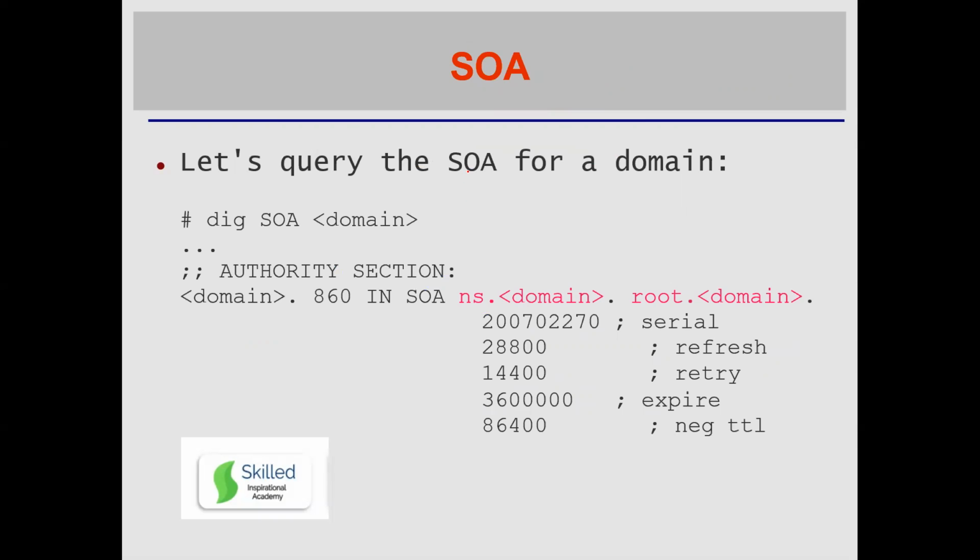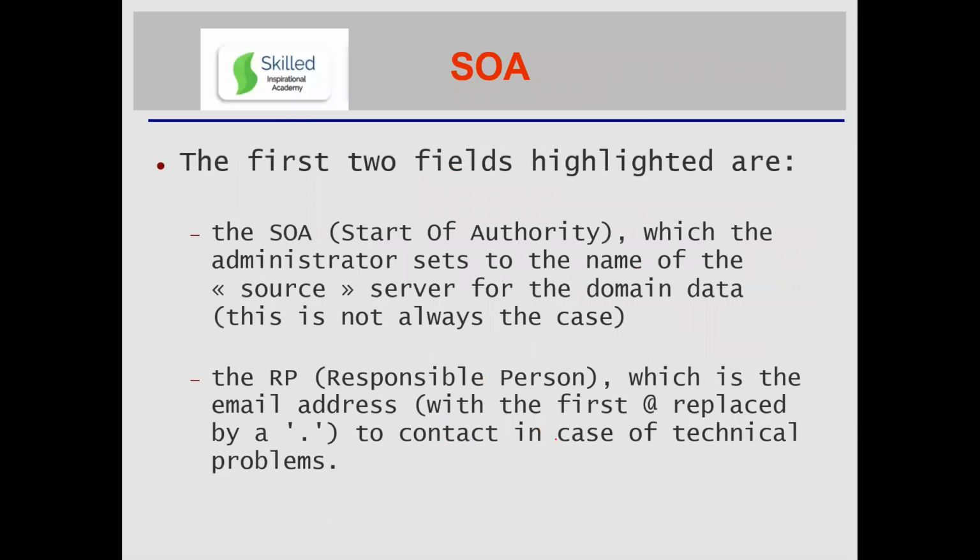Let's query the SOA for a domain. We will do dig, SOA and the domain. If you see, we have the serial number, refresh, retry, expire and negative TTL. The first two fields highlighted are the start of authority, which means the admin sets the name of the source server for the domain data.